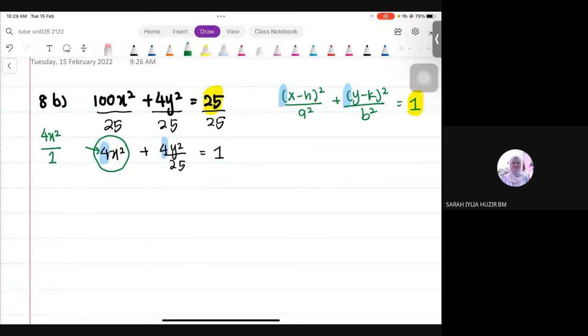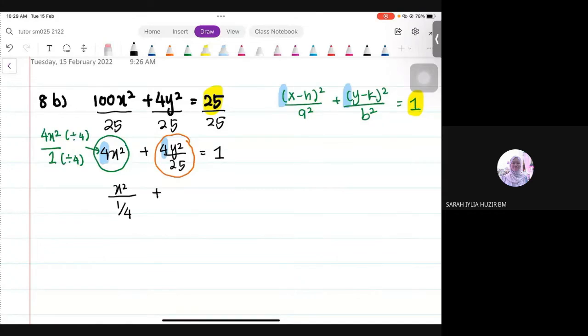So kalau saya nak hilangkan 4, atas ni saya kena divide by 4. Bawah pun saya kena divide by 4. Because setara. So our equation now would be x squared over 1 over 4. Okay. Same for y squared. So for that part, numerator part I divide by 4. Denominator part also divided by 4.